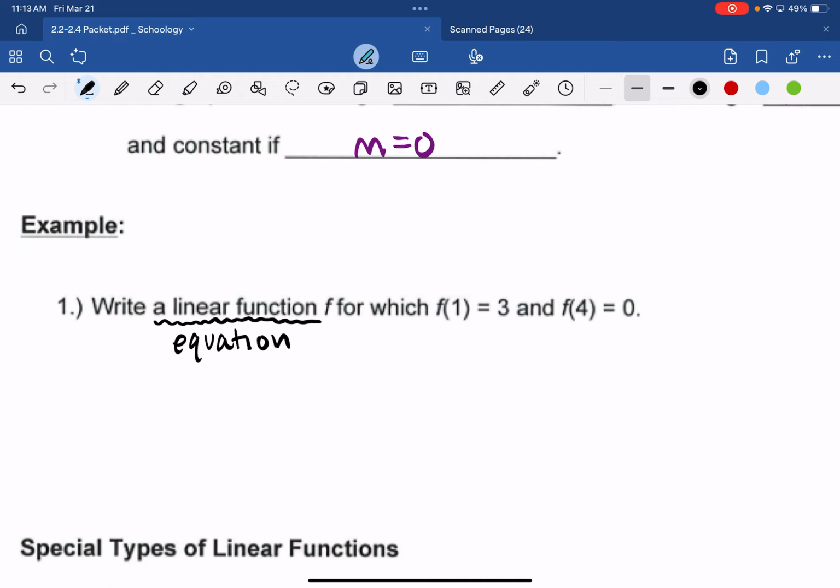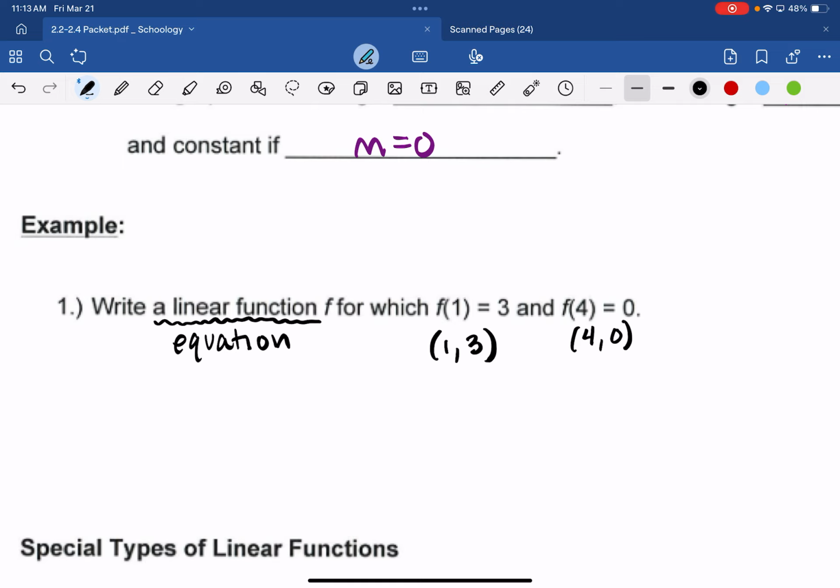Okay, so write a linear function f for which f of 1 equals 3. So in other words, I know that I need to have the point (1, 3). And f of 4 equals 0, so I know that I have (4, 0). Okay, so I have those 2 points. What's a very important piece of information that I need to write an equation?